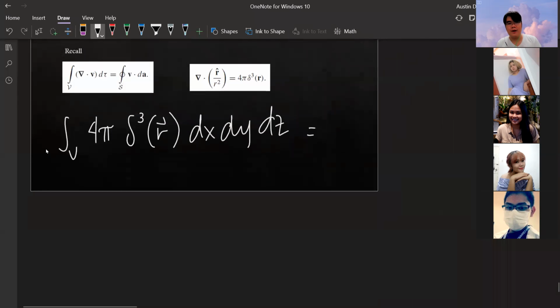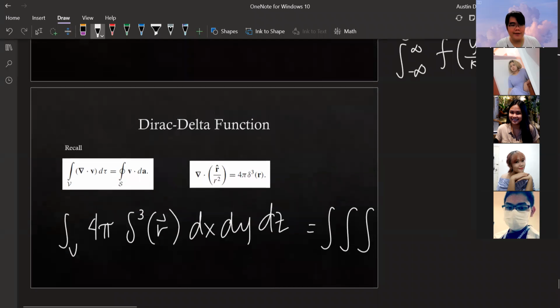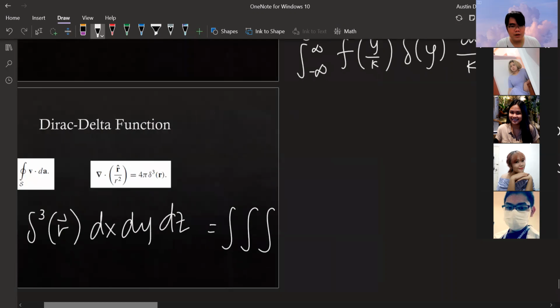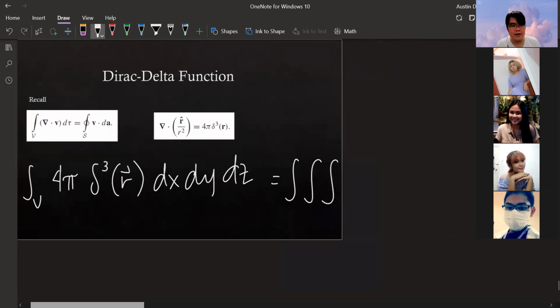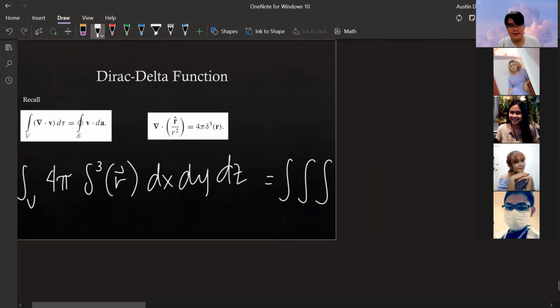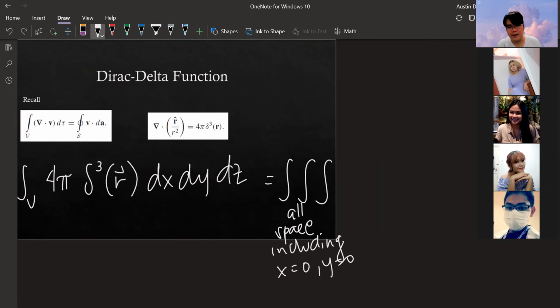So yung integral bounds natin will be tatlo kasi may dx, dy, dz. And I can integrate all space such that yung space covered is including x 0, y 0, and z 0.